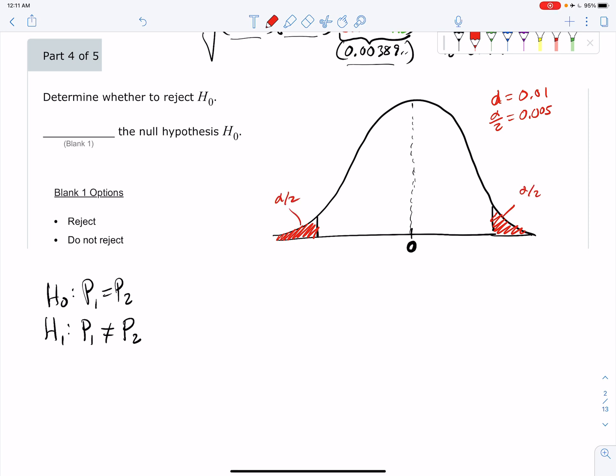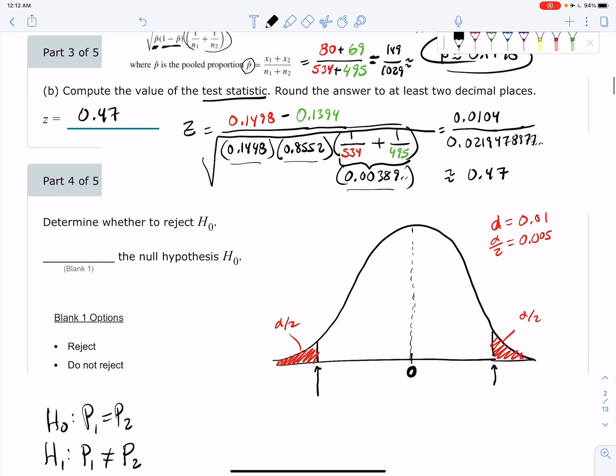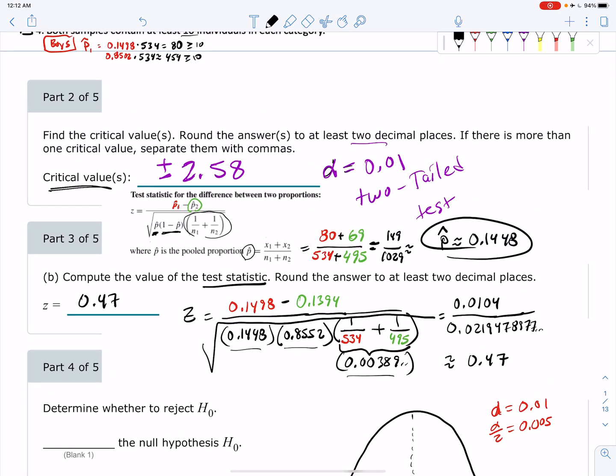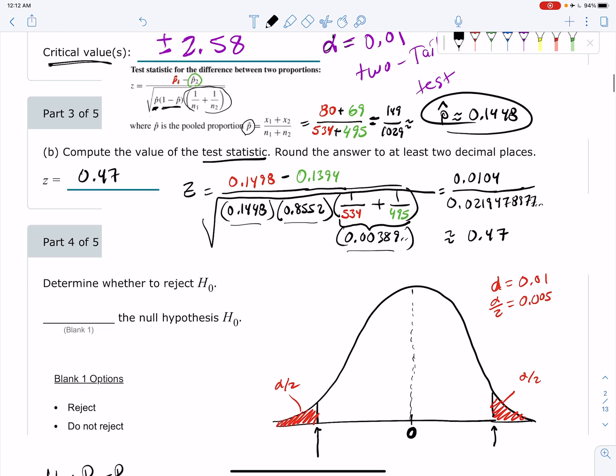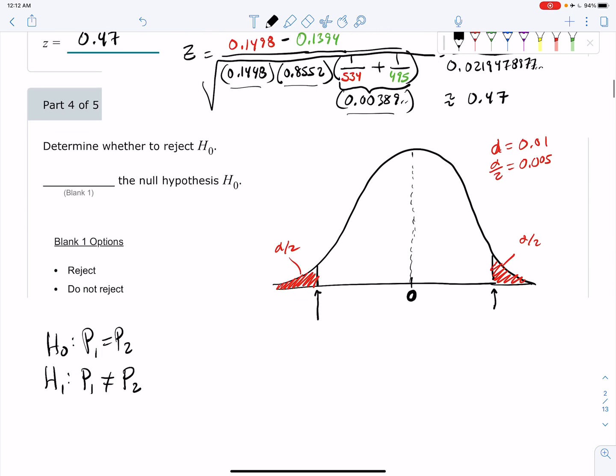What we do need to know is what this critical value is, because if we don't know it, we don't know where to reject and not reject. Where do we get the critical value? We got it from the chart. So this is positive 2.58, and this is negative 2.58.